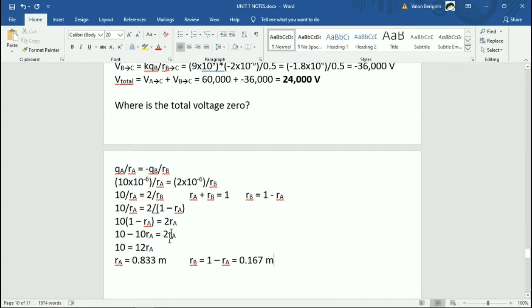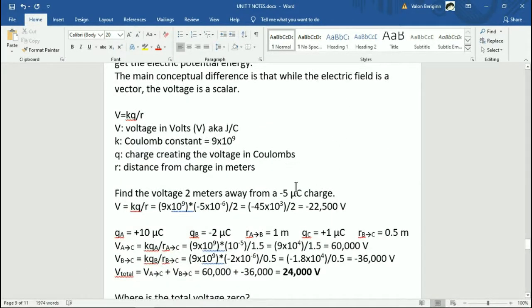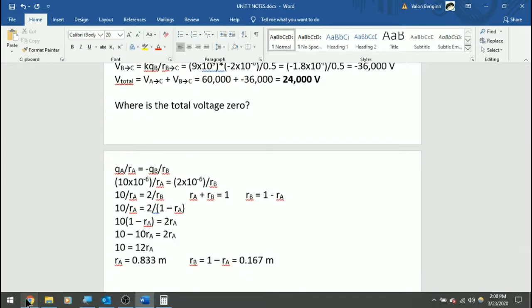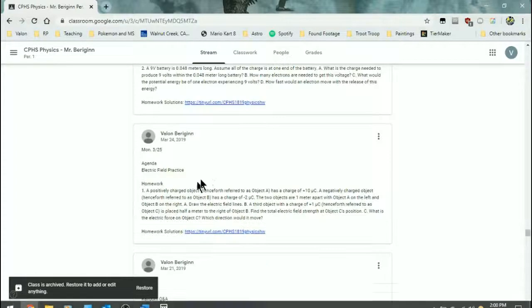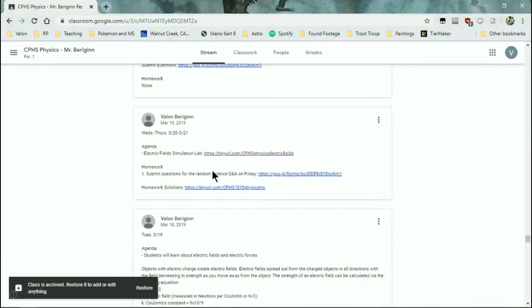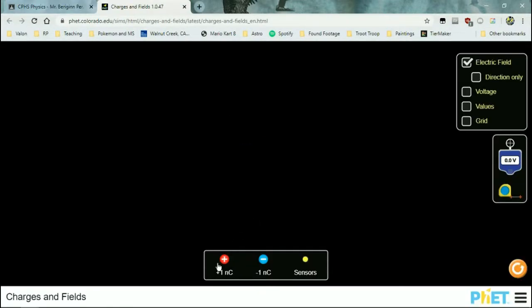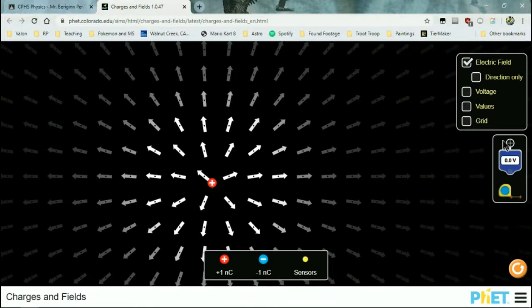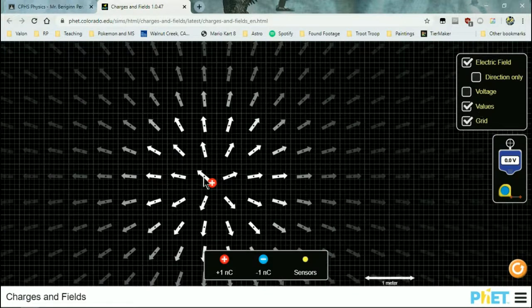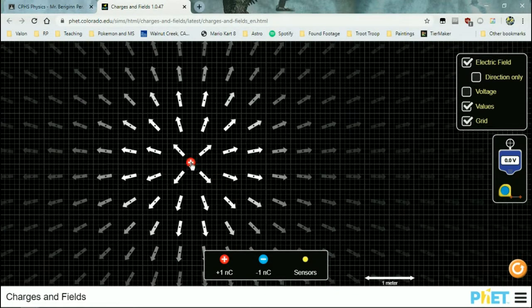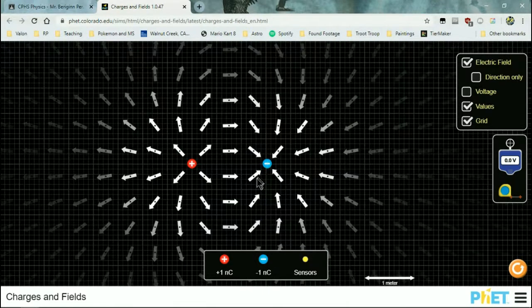Also notice from this that we have a positive and a negative charge, and I told you before, let me actually open up the lab. I want to show you a thing with the lab. If I had a positive charge, let me put these in, and a negative charge, I told you there was no way that the field was going to be 0 in between these, right?